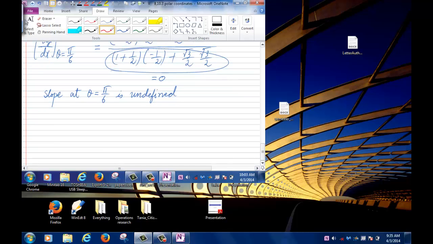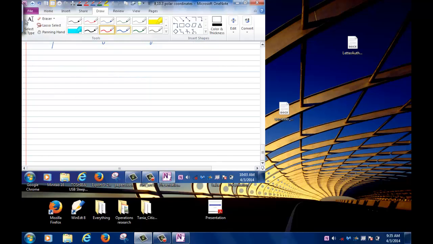Now let's do the same problem. So let's say again, find the slope of the tangent line at theta equals pi over 6, but this time to the curve r is cosine 2 theta.